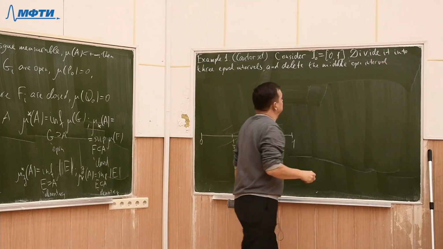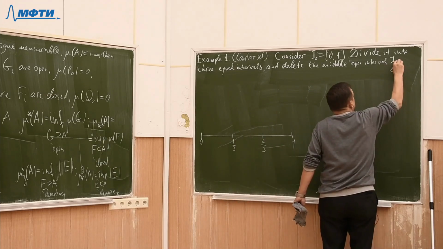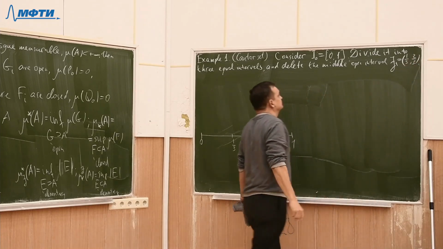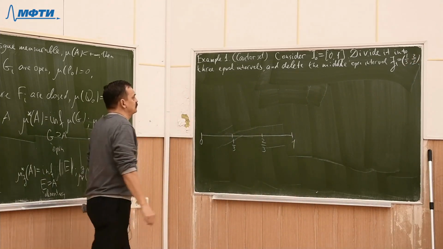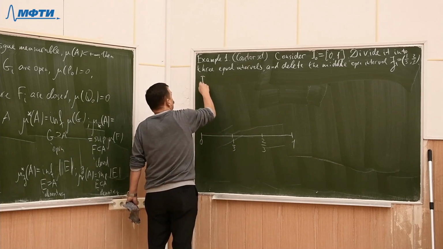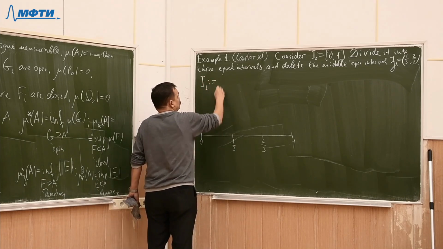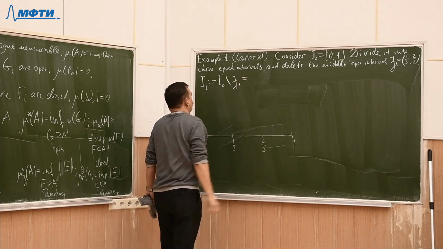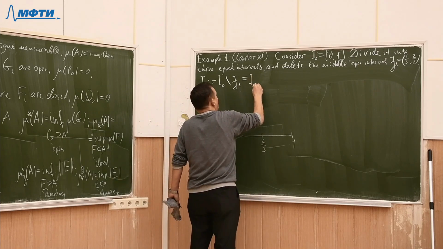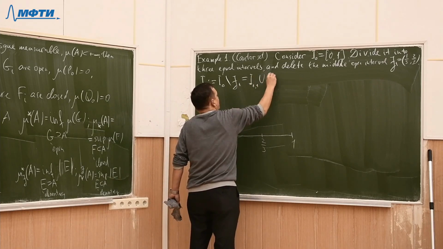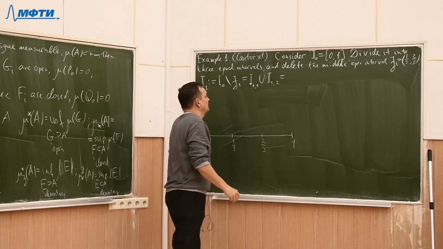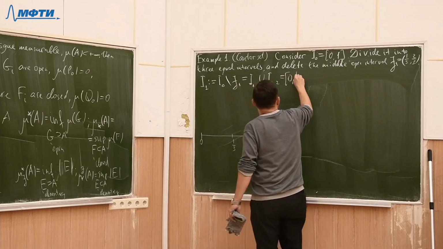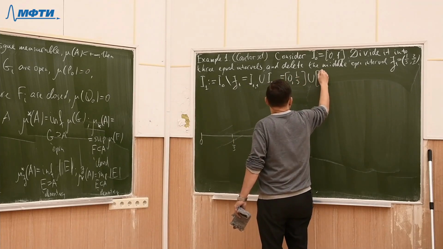Let it be J1 equals (1/3, 2/3). So it means that we consider I1 to be I naught minus J1, and that is I11 together with I12. So we have a union of 2 closed intervals, [0, 1/3] and [2/3, 1]. These are two equal intervals.